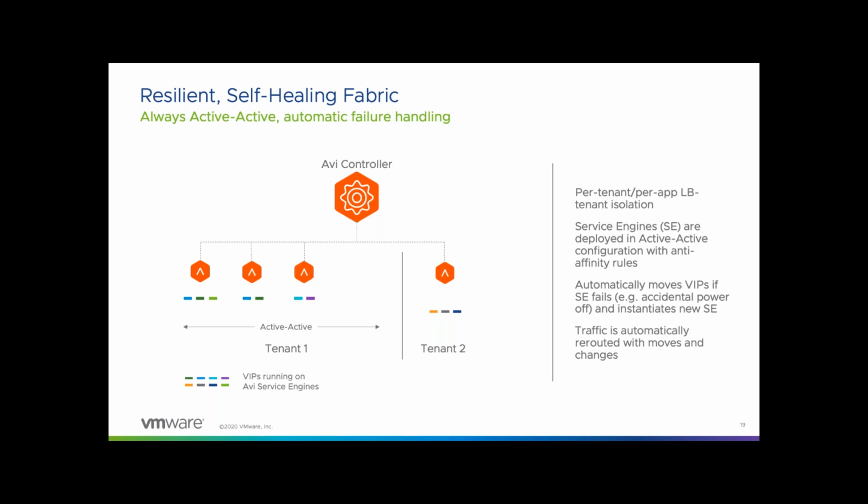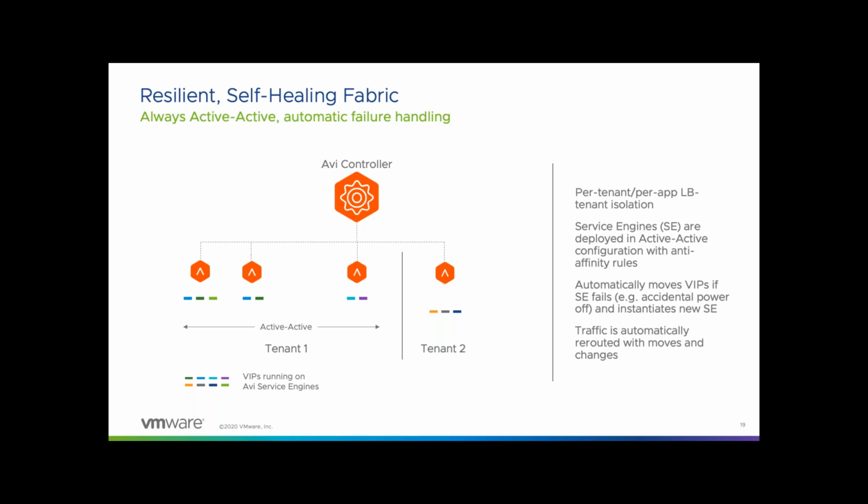Also, the service engines are deployed in an active HA mode. What that means is every application is being serviced by 2 or more Avi service engines at the same time. Now, if for whatever reason a service engine fails, Avi controller automatically detects that and will make sure that the capacity that was required by the applications hosted on that service engine is serviced.